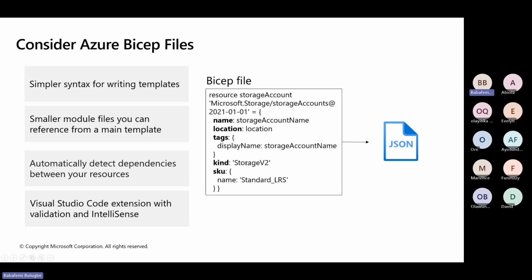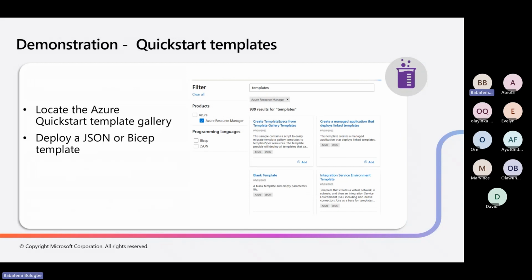And this is the kind of storage account that we want to create, which is StorageV2, and SKU, which is the replication strategy. So here is a locally redundant storage account. So that's how Bicep works.